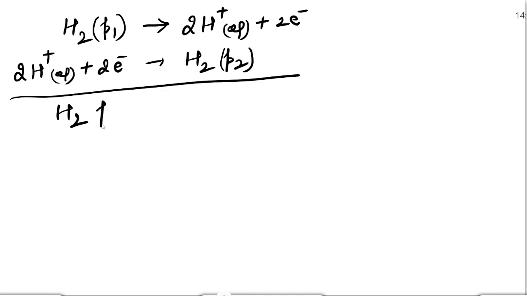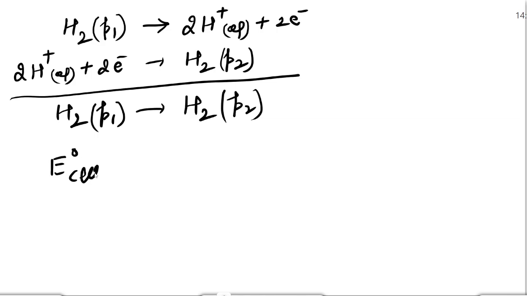So it is H2 P1 to give H2 P2. So here E cell is 0.0591 upon n.